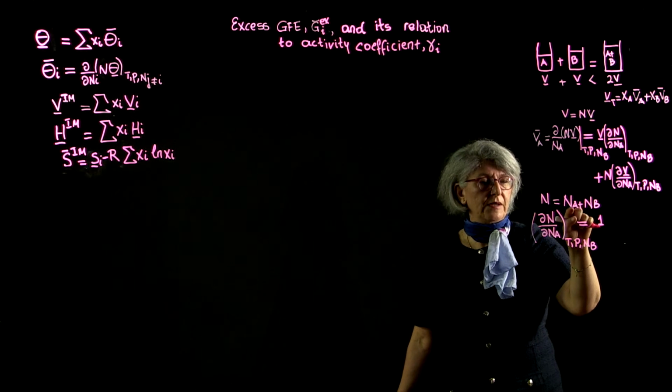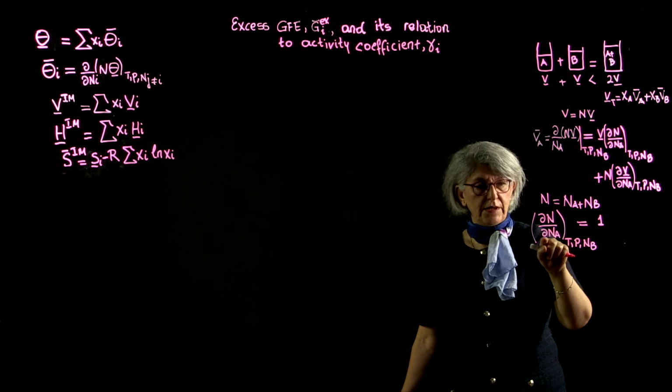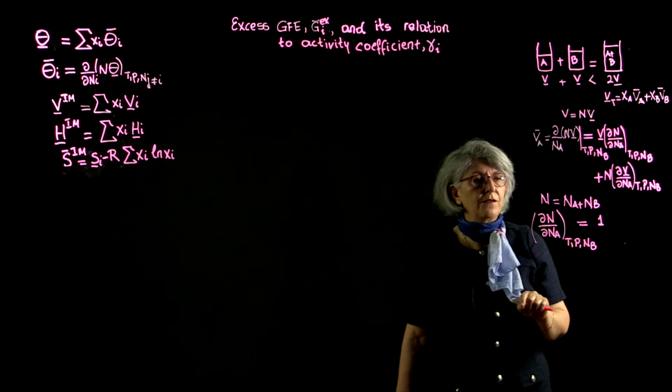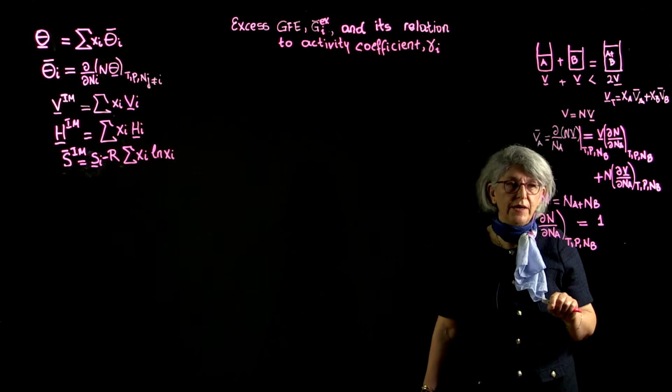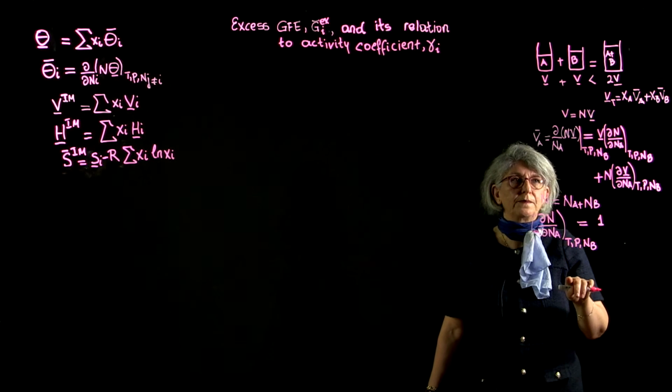This is going to be 1. This is going to be 0. Here, the derivative of N with respect to NA, keeping everything else constant, is going to be 1.